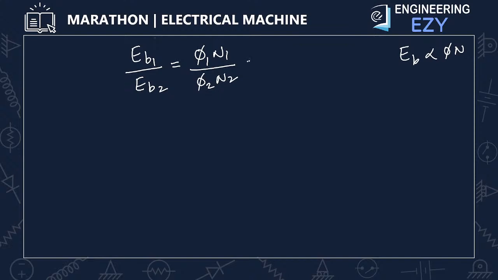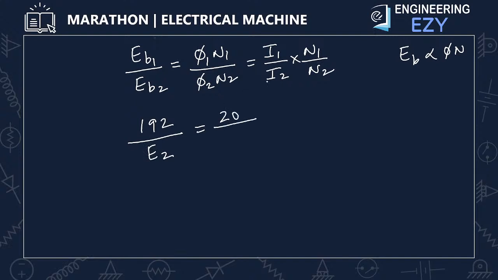So phi 1 upon phi 2 can be written as I1 upon I2. I1 upon I2 into N1 upon N2. Eb1 we have already calculated as 192. Eb2 we have to calculate. In the first case current is 20 ampere, in the second case current is 12 ampere. Speed in the first case is 1000, in the second case is 600.